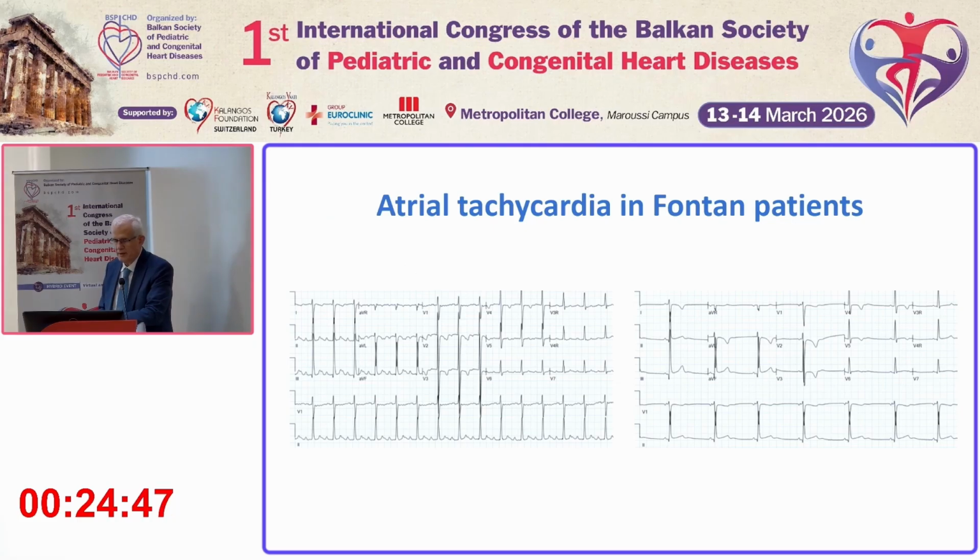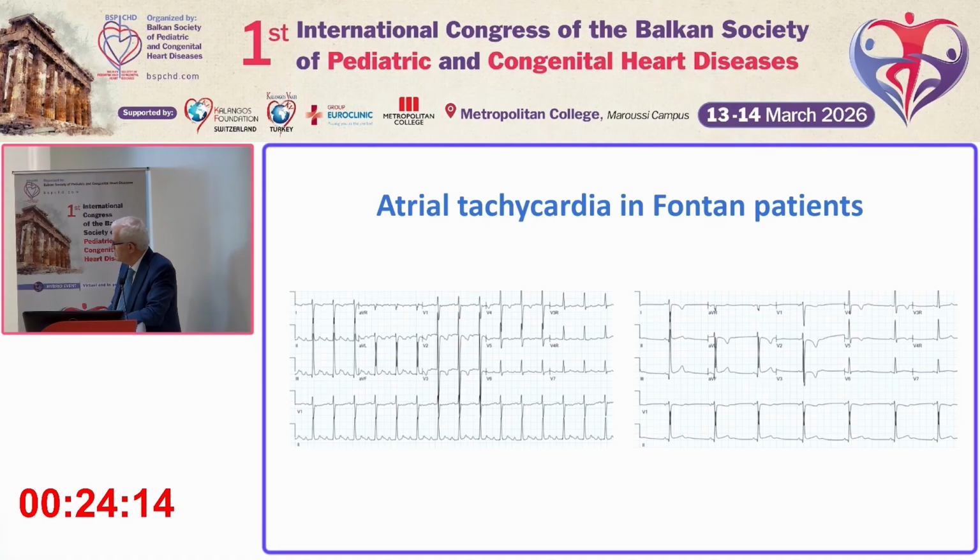One must be particularly vigilant in order not to miss the diagnosis of atrial tachycardia in these patients, because sometimes you can be fooled by looking at the EKG and think that this is a sinus rhythm. As you can see on the left side of the screen, the P-wave morphology is not very different from sinus. However, the patient is constantly in this rhythm without variations.